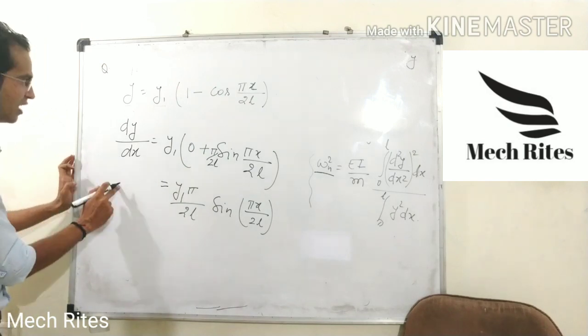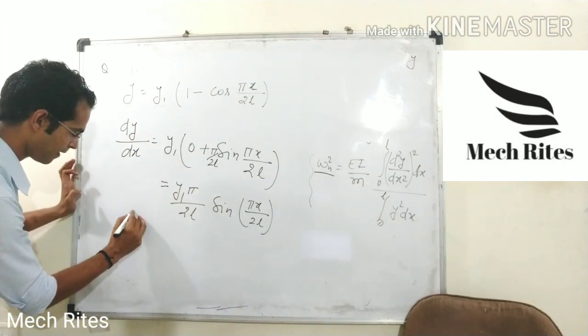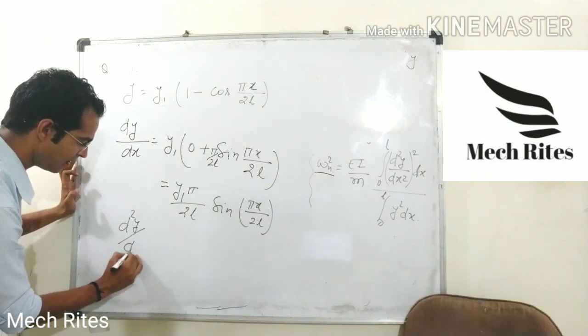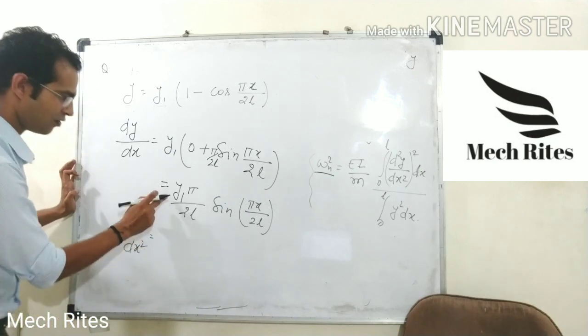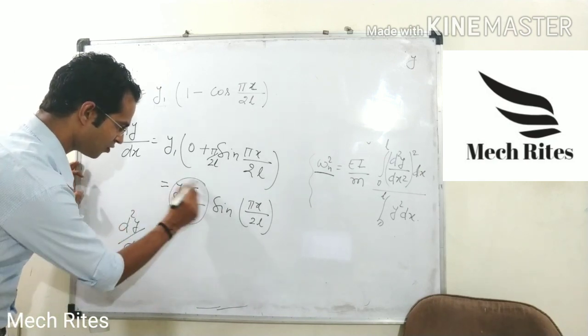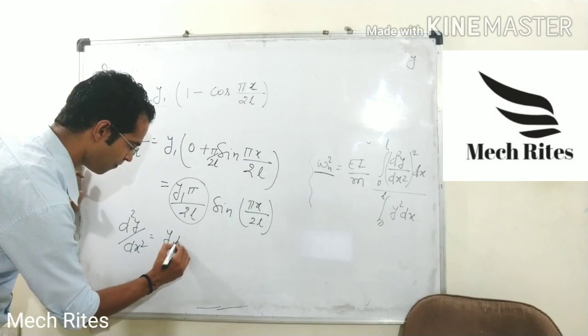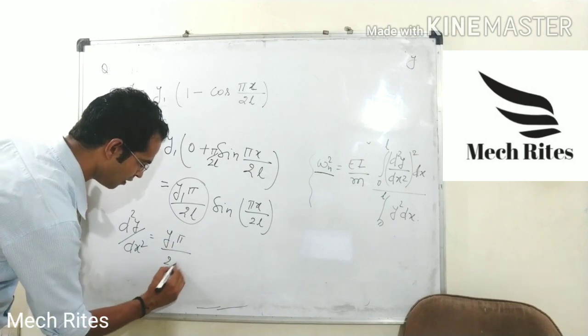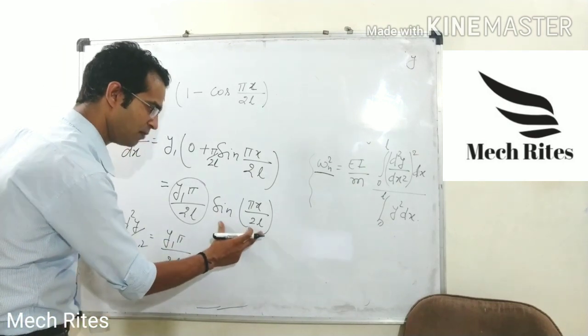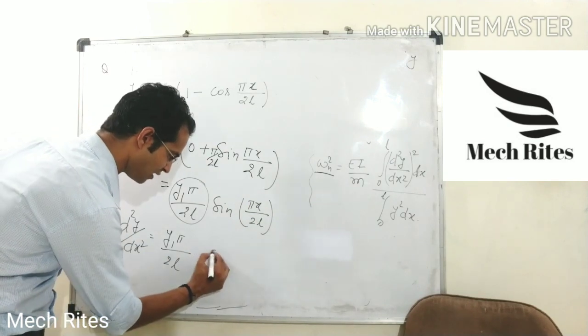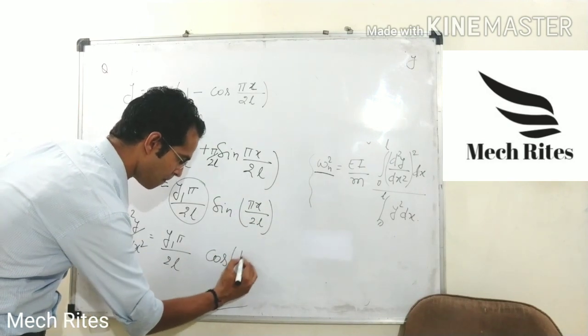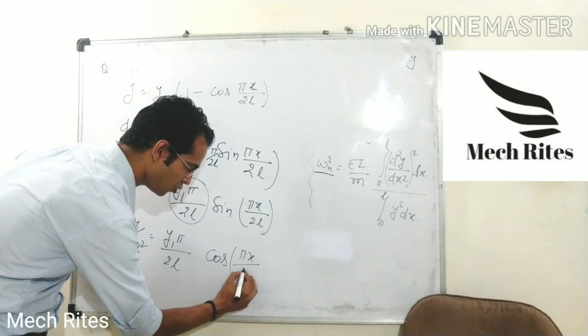Again I will differentiate it: d square y by dx square. Again y1 pi by 12 will work as a constant. Differentiation of sin x will be cos x, so I will write here cos(pi x by 12).